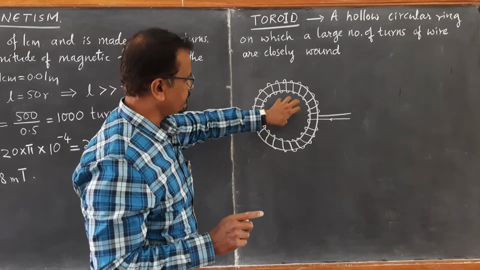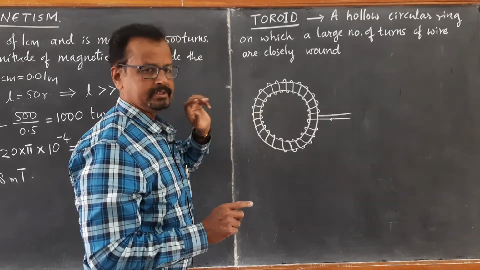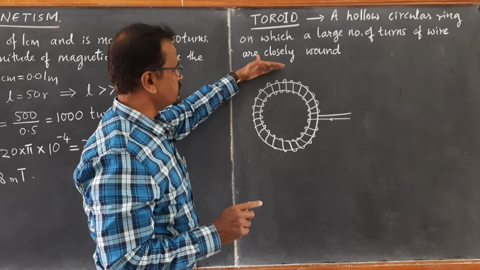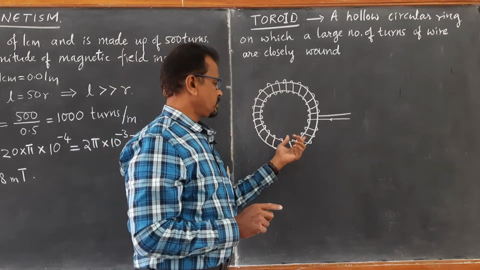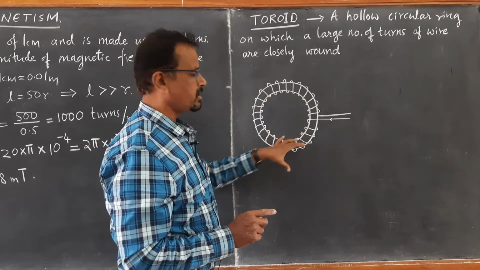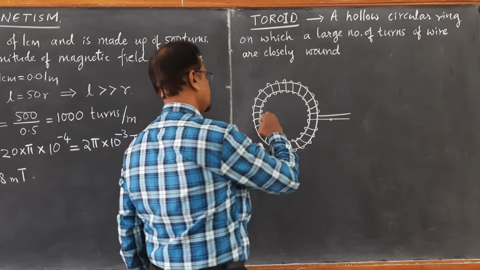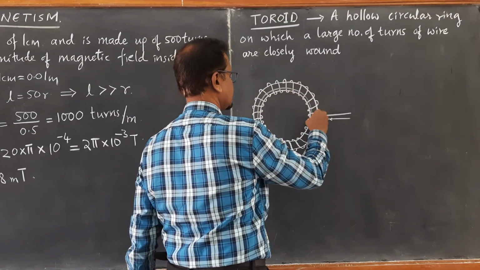In the interior of this toroid, the magnetic field is going to be 0, and exterior of this toroid also the magnetic field is going to be 0. So the magnetic field lines are going to be confined only within this circular ring, and they will be forming circular magnetic field lines like this.